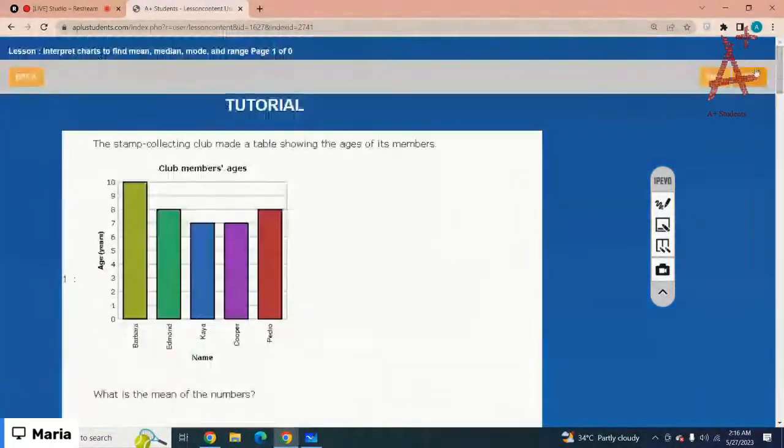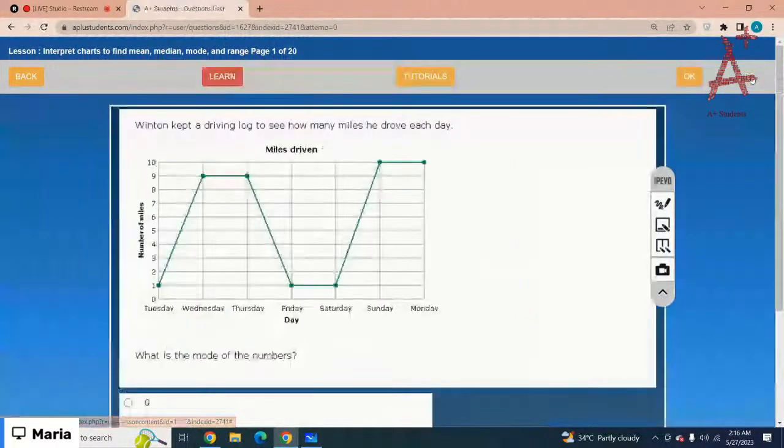Let's just start with the test questions. Okay, let's just start with the first question. Winton kept a driving log to see how many miles he drove each day. So what is the mode of the numbers? Which is the correct option?